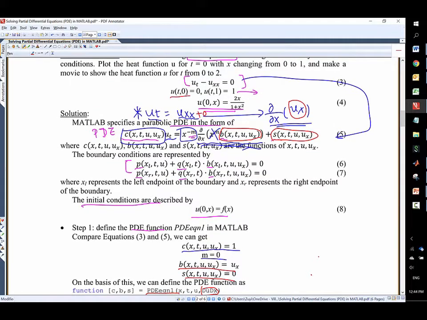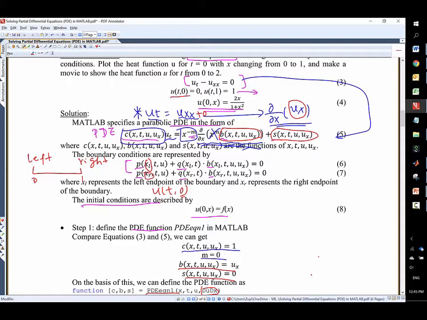Here 0 means, the value of x changes from 0 to 1, so 0 means the left hand side and 1 means the right hand side. So you can see here is the left and the right.